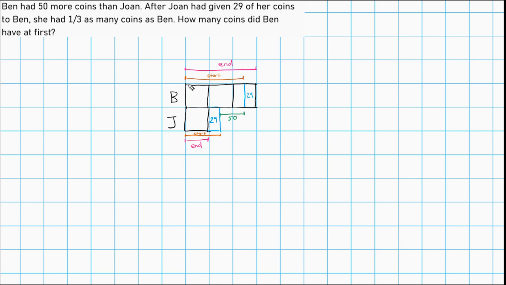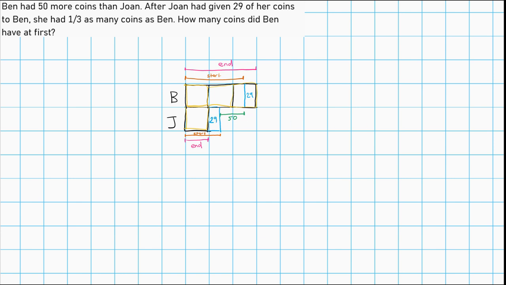This is an equal part, this is an equal part. And hopefully you can see that from here to here represents two equal parts, and we have values for all of that.